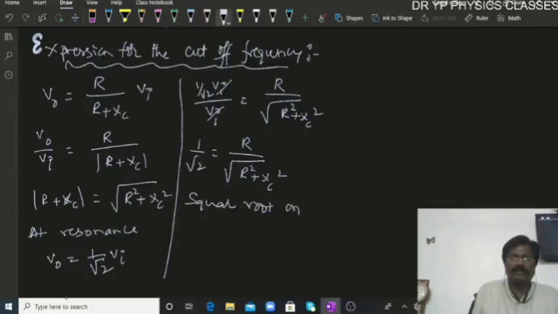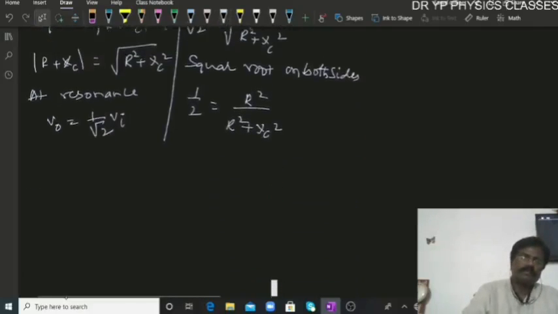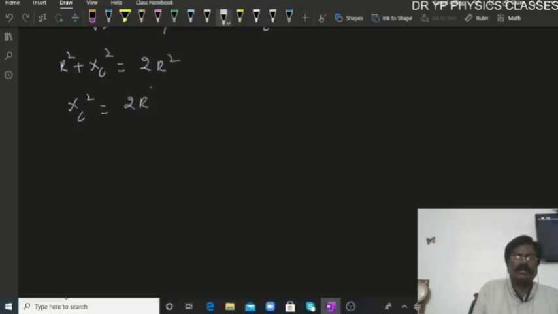So take the square on both sides. I am going to get 1 by 2 is equal to R square by R square plus XC square. So cross multiplying, R square plus XC square is equal to 2R square.